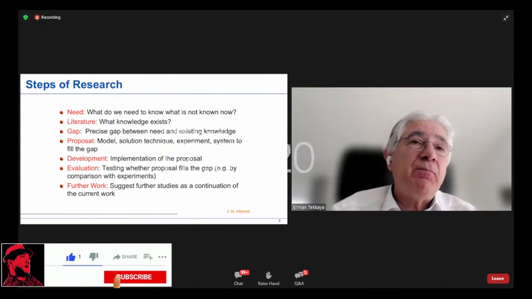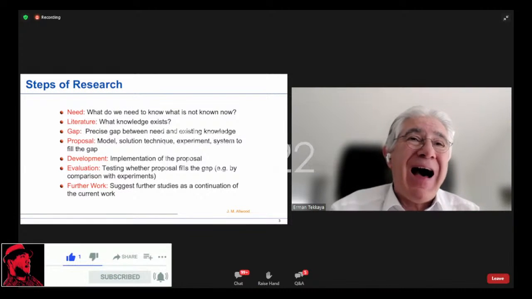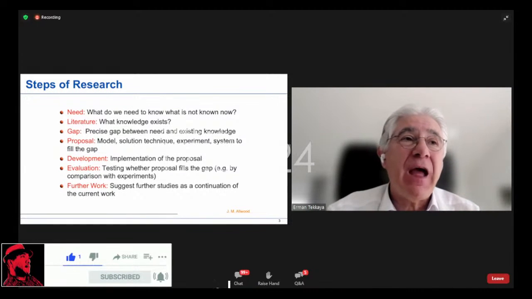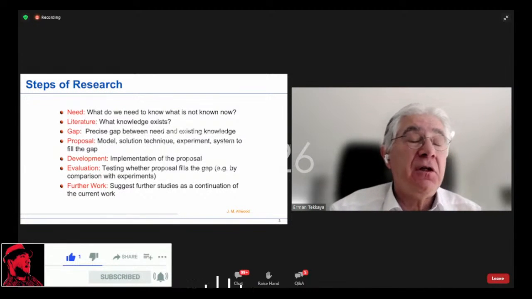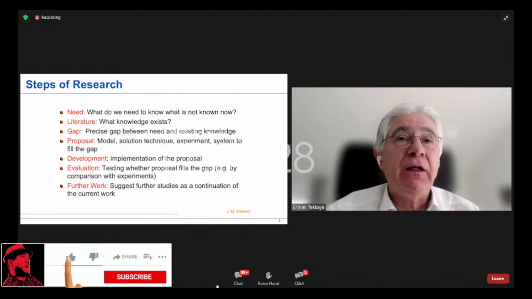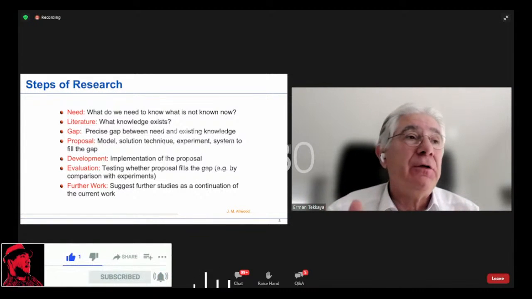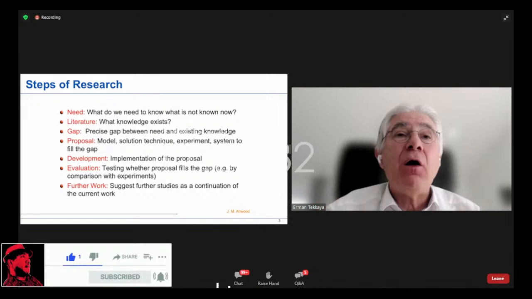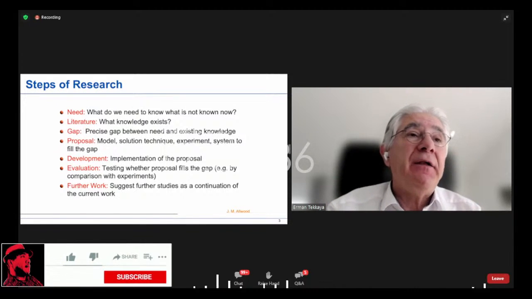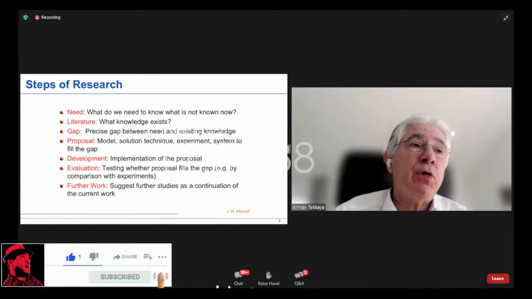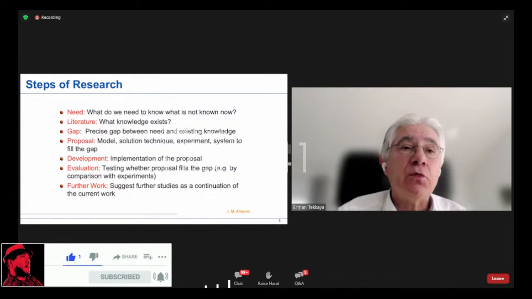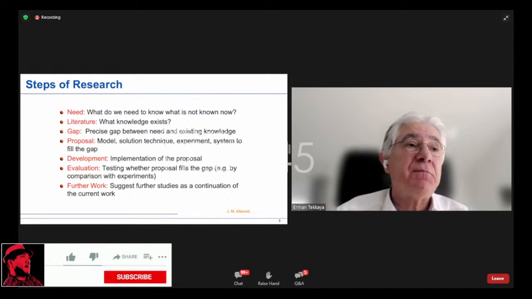The next step is to make a proposal how you are going to fill that gap. That means you have to think about a model, a solution technique, or experiment, or a system, how you will solve this knowledge gap. And after you have this proposal, you develop your solution, you develop your methodology, implement it.